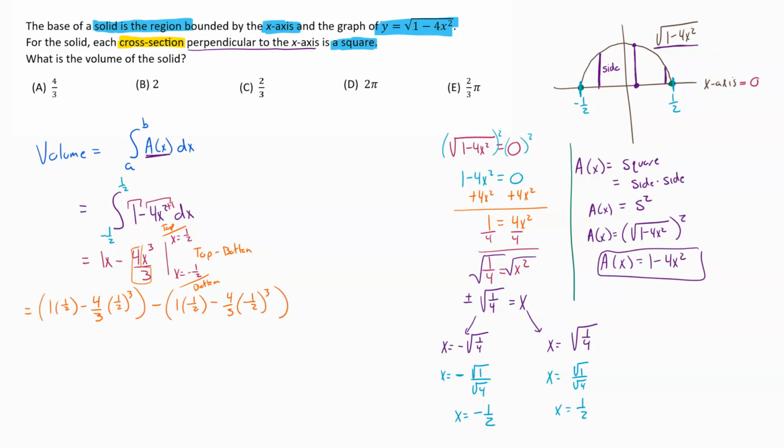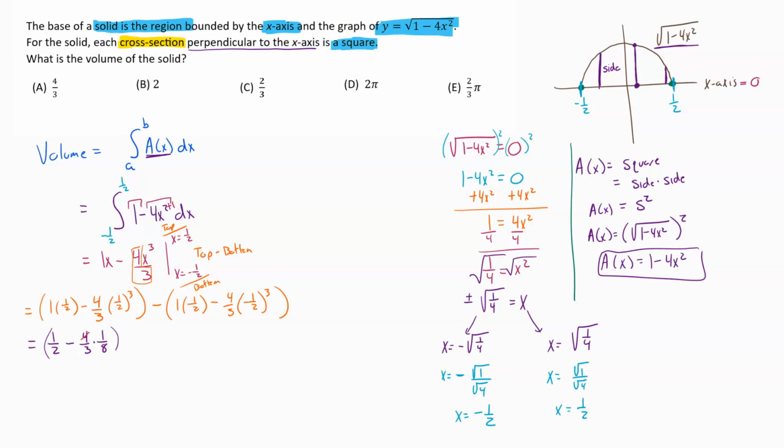And then we'll just keep cleaning this up a little bit at a time. I get 1 minus 1/2 up in the front is going to get me 1/2 minus 4/3, and then 1/2 to the third is going to give me 1/8. And as I do this stuff, especially when I can see that the numbers are going to be similar, I usually don't try to combine it all into one fraction until I absolutely have to, just because a lot of times things are going to cancel out or add up nice and cleanly.